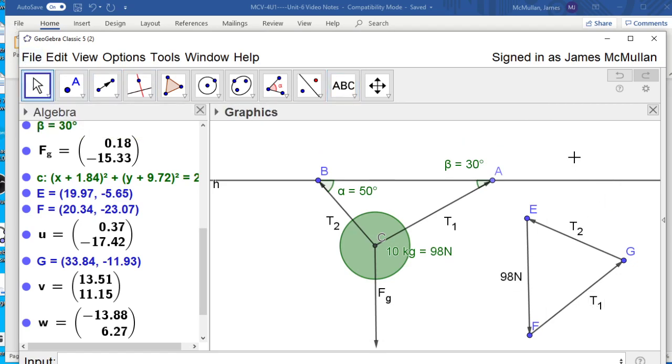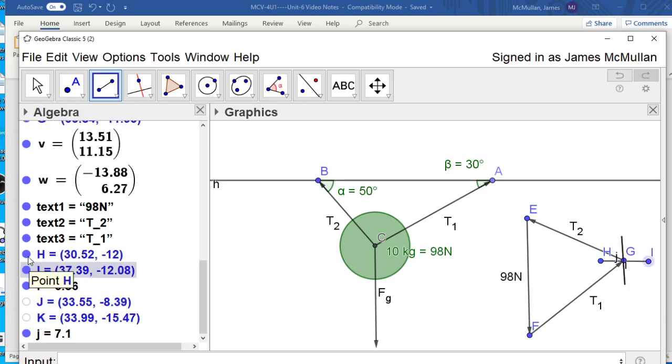Now think about what you can see in the picture, right? T2 has an angle of 50 degrees with the horizontal. Sometimes what's helpful in these questions is to draw a little mini axis wherever you're kind of working.